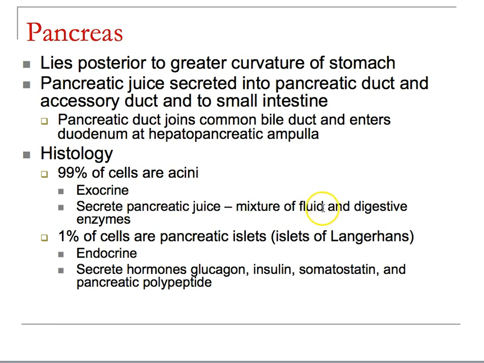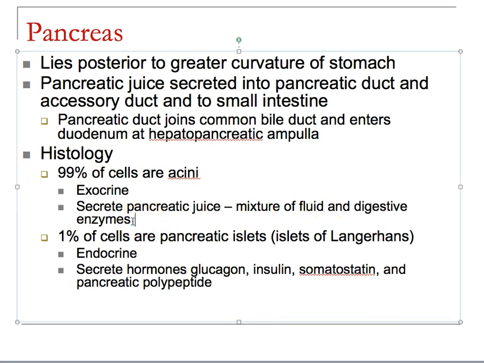And then inside that fluid is going to be bicarbonate, HCO3 minus, right? Okay, and the remaining, of course, are glucagon, insulin, somatostatin, and pancreatic polypeptide. That's chapter 18. This is chapter 24.